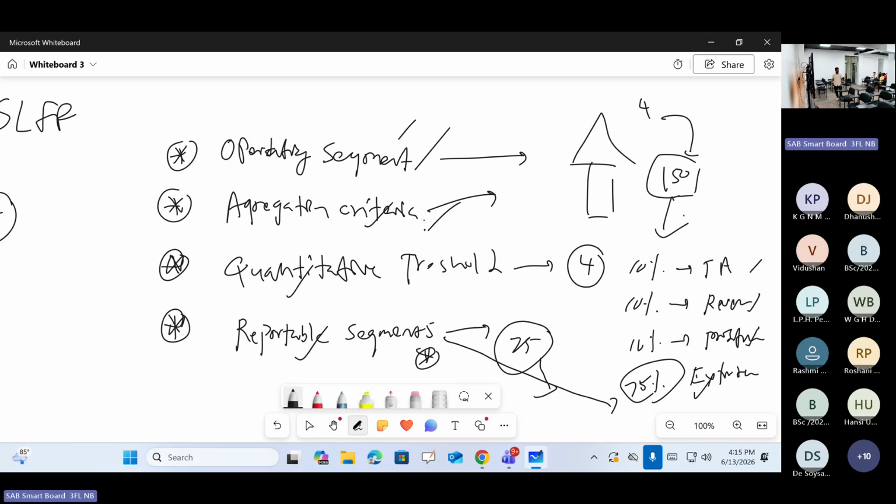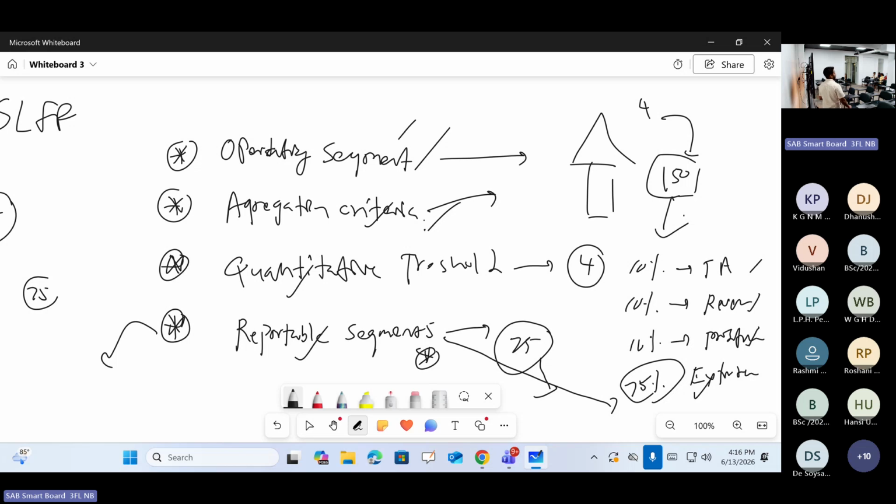Any doubts? You identify reportable segments. Next step: for these 75 segments, you need to give revenue, income, expenses, other expenses, cash flows, everything.